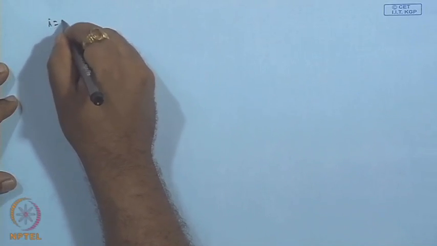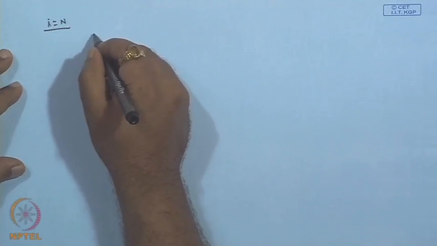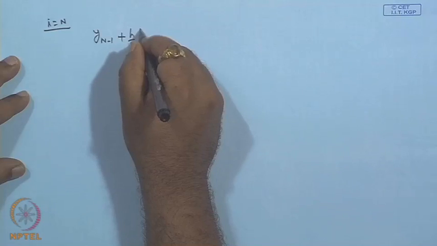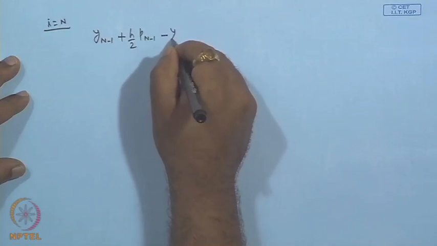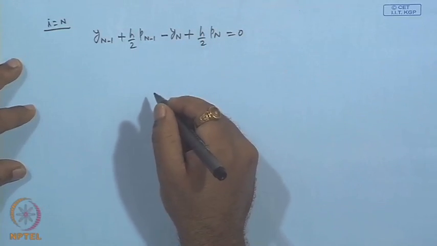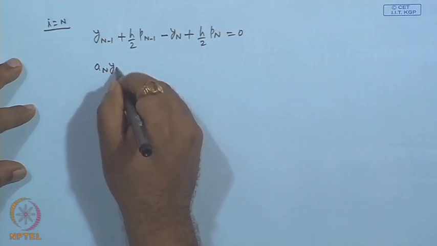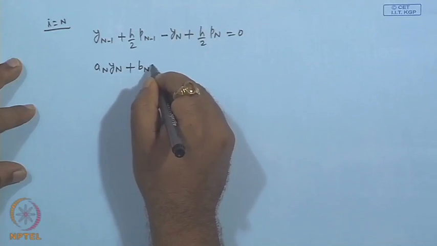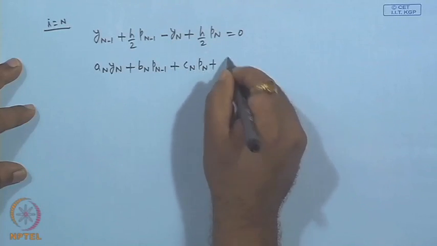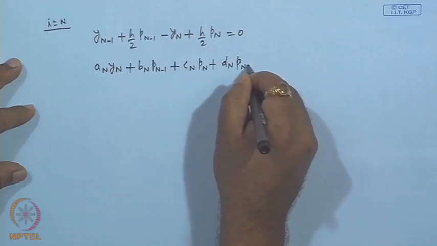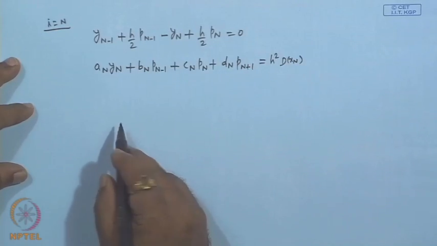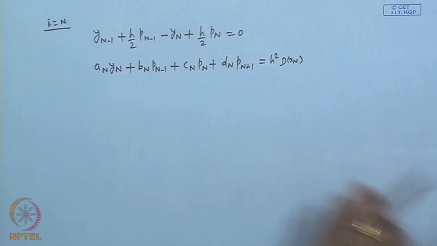So, now the i equals n case gives us, however, so from where would we get this?